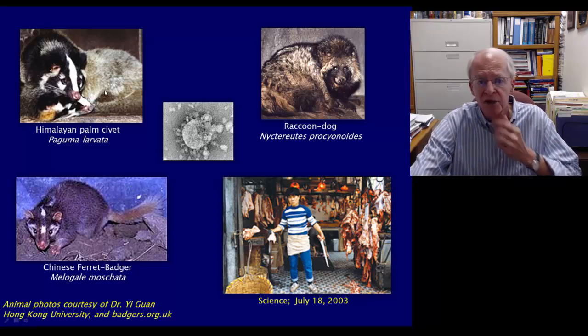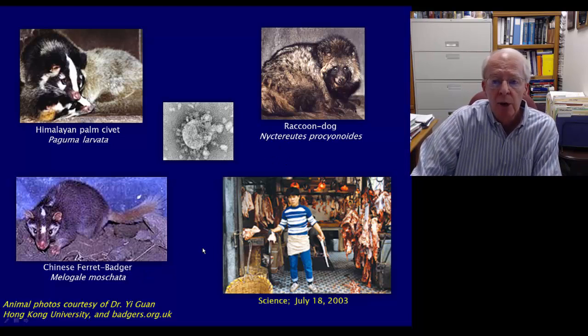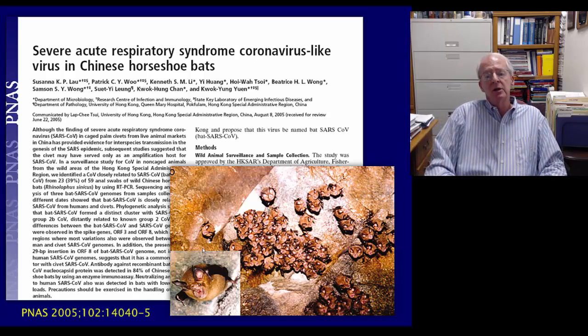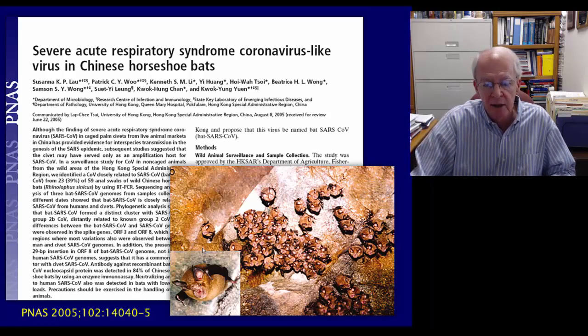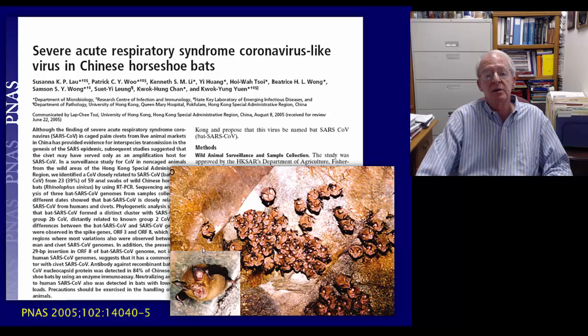The Himalayan palm civet had a high prevalence of infection in these settings. Other exotic animals, including raccoon dogs and Chinese ferret badgers, probably played some role, but the prevalence of infection in those species was lower. However, further investigations revealed that the palm civet was not the original source of the virus in nature, and that actually the virus originated in Chinese horseshoe bats, which then subsequently infected the palm civet and the other exotic animals in these market settings.